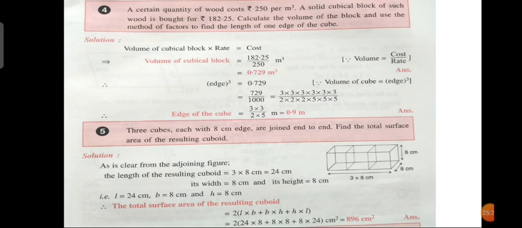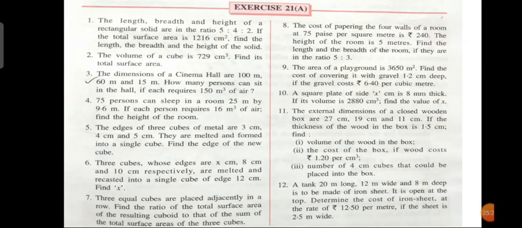Yes, that's given. And next are the problems. Okay, this is the last section, so we have completed chapter 20. In this chapter you have to remember the area and perimeter equations thoroughly, as that type of questions will be asked.